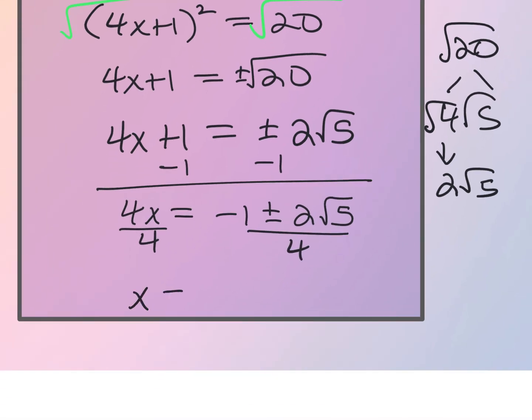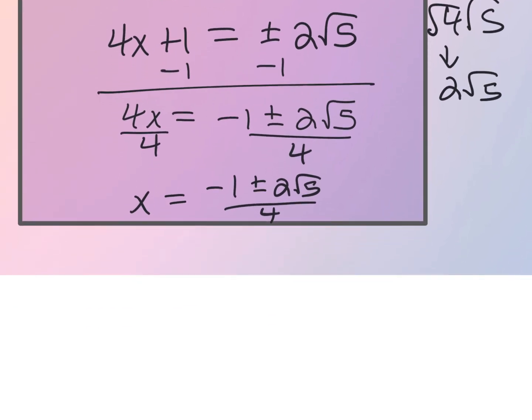So x equals negative 1 plus or minus 2 square root 5 over 4. Now, do not be tempted to try to simplify this. The only way you can reduce is if this 4 would also be able to simplify with the 1. So I would leave it just like that.